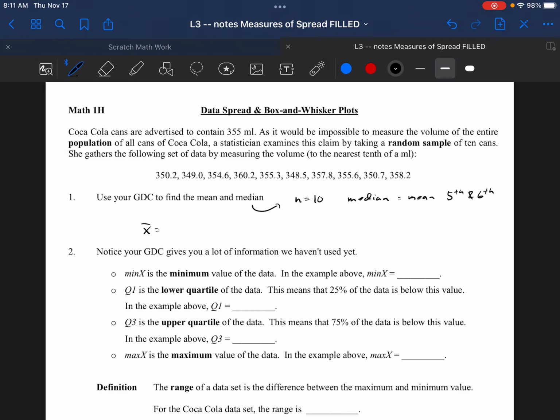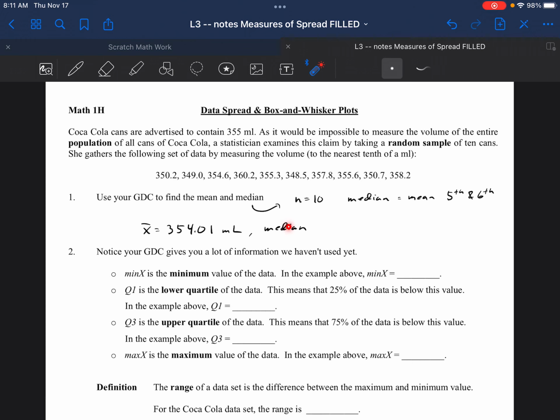And if my numbers are right here, and full disclosure, I'm using another teacher's numbers, but I trust them. We're getting that the mean, right? The way we indicate mean is this X bar notation, so that's 354.01 milliliters. And the median, which on the calculator, if you scroll down through all the data it gives you when you do one variable statistics, I think it's like the 10th item down.